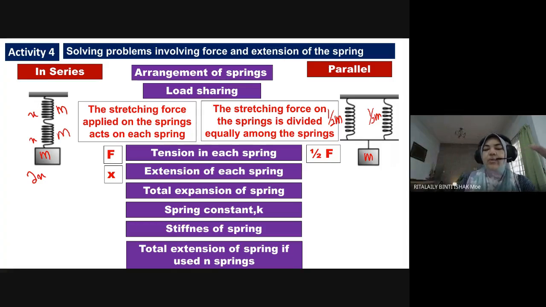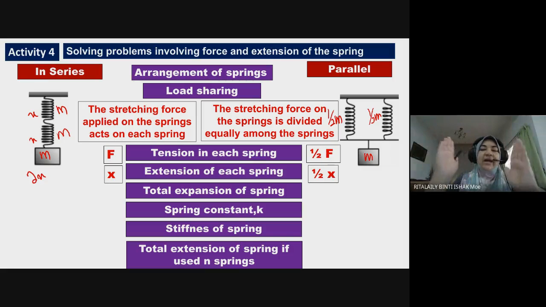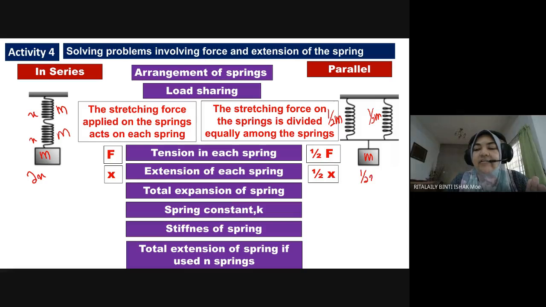Whereas for the parallel arrangement, dia hanya akan extend half. Logic lah, because each spring is holding half M. So the extension is half compared to the series one. Okay, so this one dia tak tambah because it is parallel. Therefore, this one the extension is still half X.